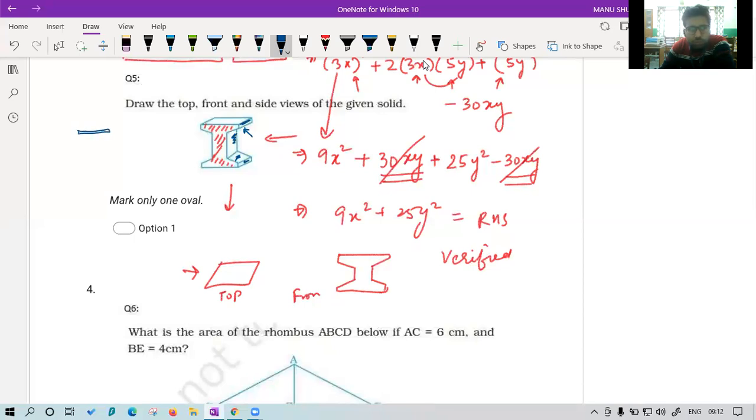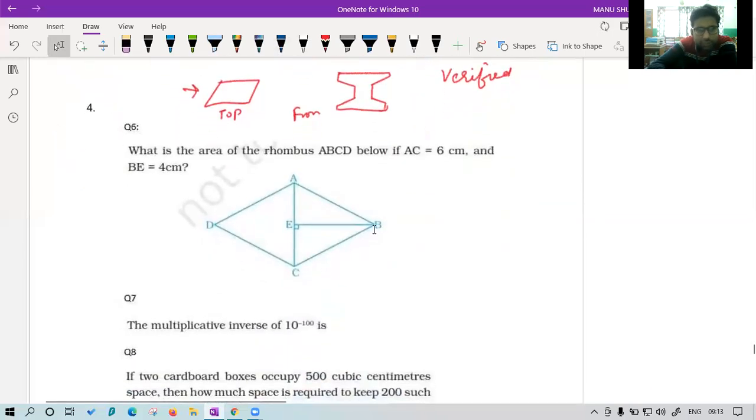A smaller one, a little larger one, then the middle part, then the smaller one, and the final one. Something like this you will get from the side view. Is it clear to you? Then you have question number 6.